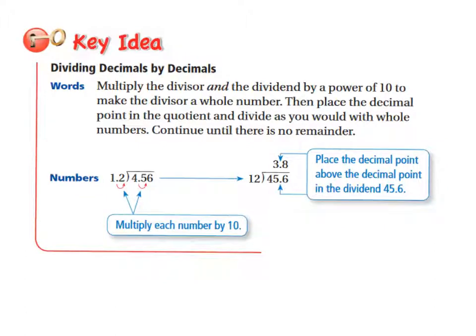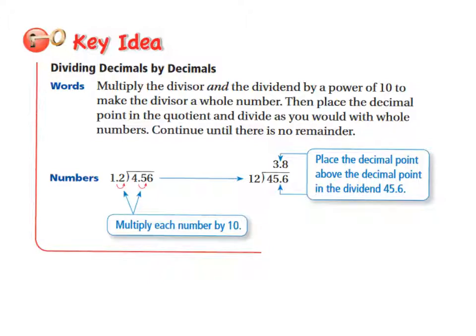Key idea, dividing decimals by decimals. Multiply the divisor and the dividend by a power of 10 to make the divisor a whole number. Then place the decimal point in the quotient and divide as you would with whole numbers. Continue until there is no remainder.